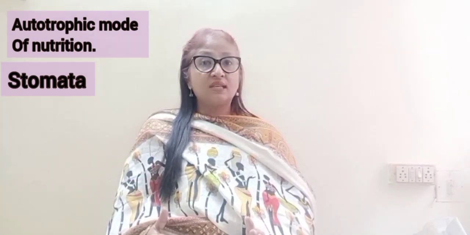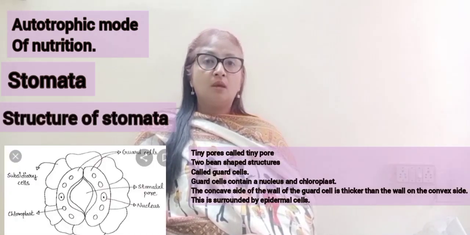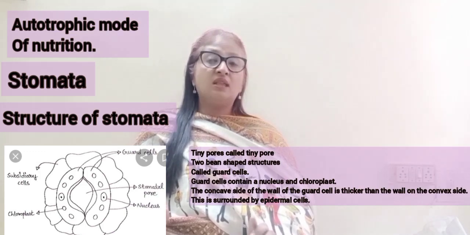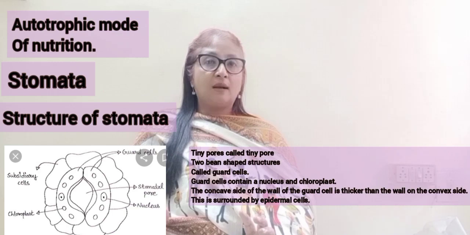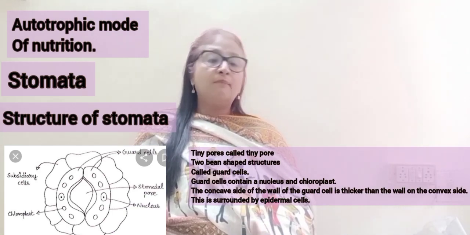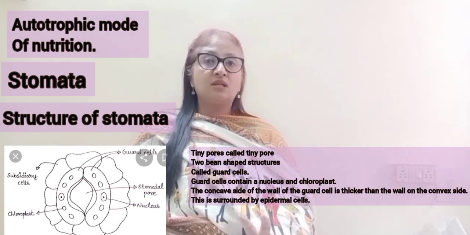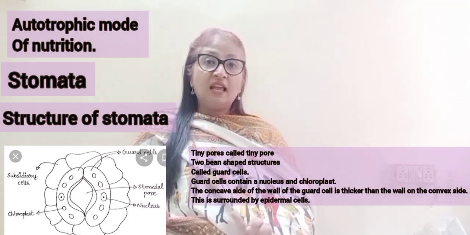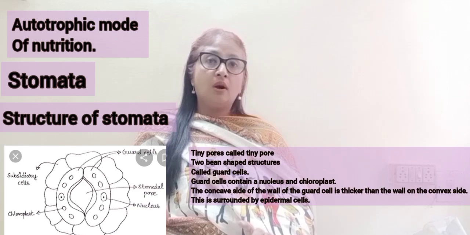Now let us discuss the structure of a stomata. Stomata has a tiny pore in the center, known as the stomatal pore. This is guarded by two bean-shaped structures known as guard cells. In the guard cell, the inner wall, that is the concave wall, is thicker than the convex wall.